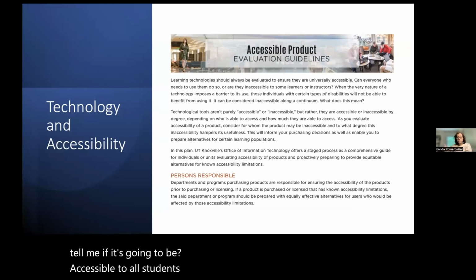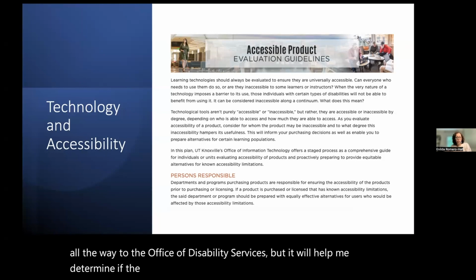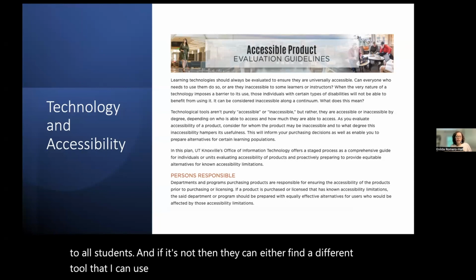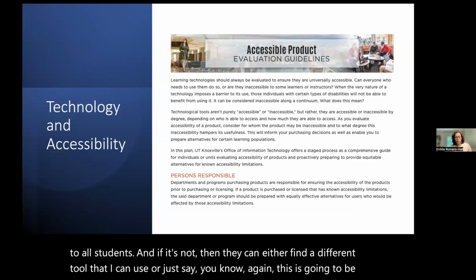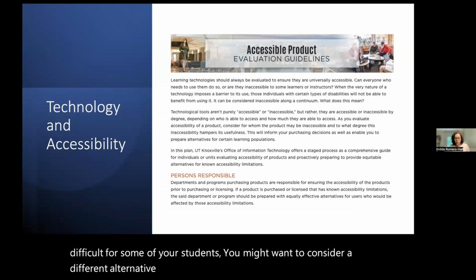And this is probably going to trickle down all the way to the Office of Disability Services, but it will help me determine if the tool that I'm going to use is going to be accessible to all students. And if it's not, then they can either find a different tool that I can use, or just say, again, this is going to be difficult for some of your students. You might want to consider a different alternative or not use this product at all.